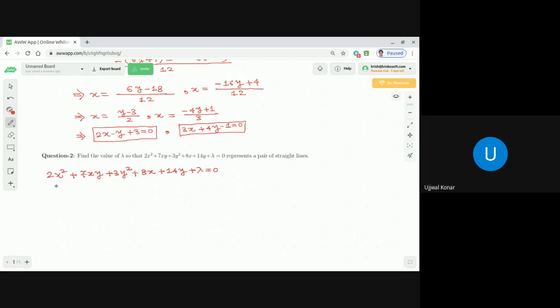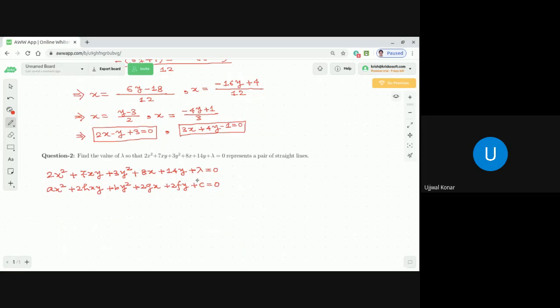Now, if you just recall our general equation of second degree in the general form: ax square plus 2hxy plus by square plus 2gx plus 2fy plus c is equal to 0.